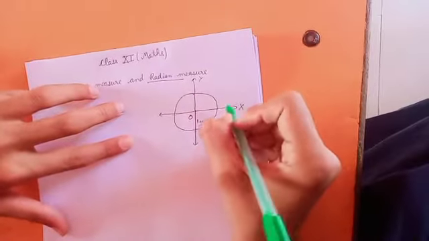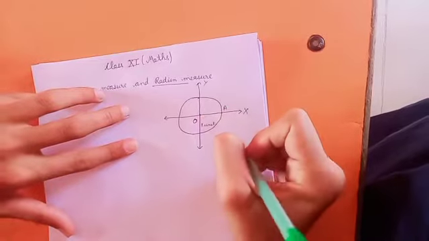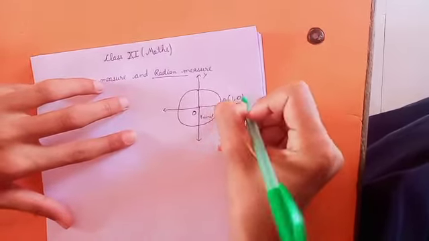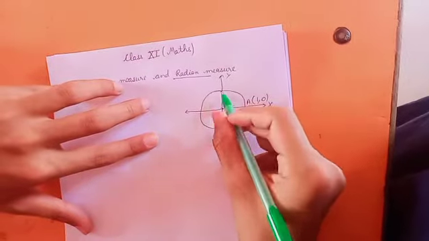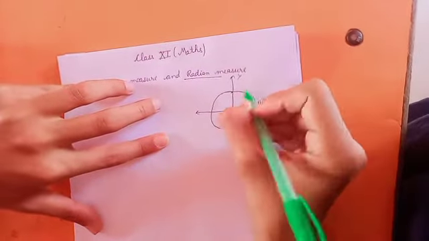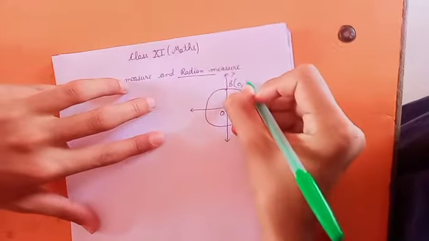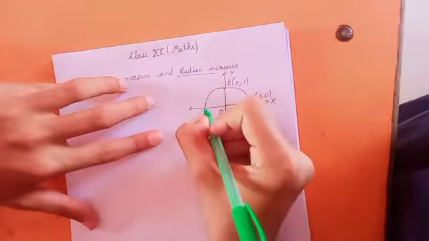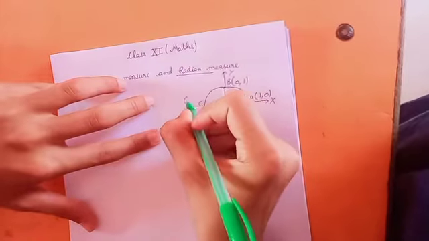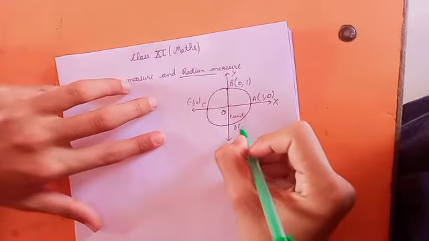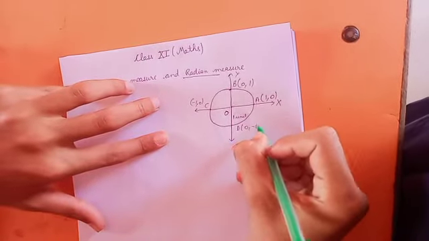Let me say this point as A. Its coordinates will be (1, 0). This point B, its coordinates will be (0, 1). This point C, its coordinates will be (-1, 0). This point D, and its coordinates will be (0, -1).